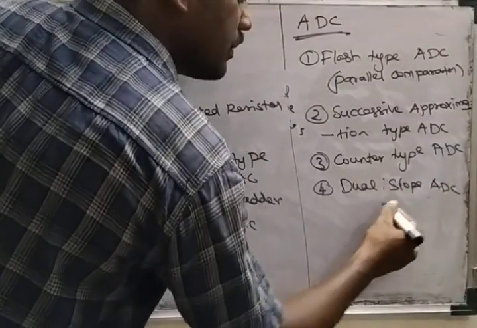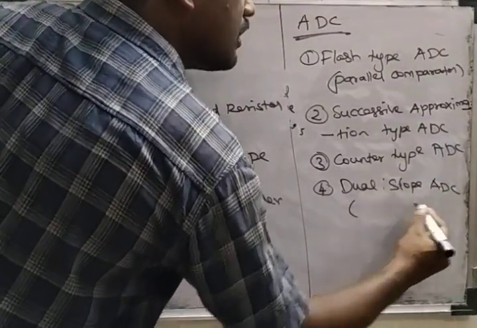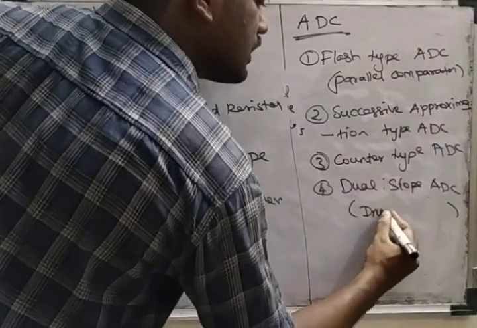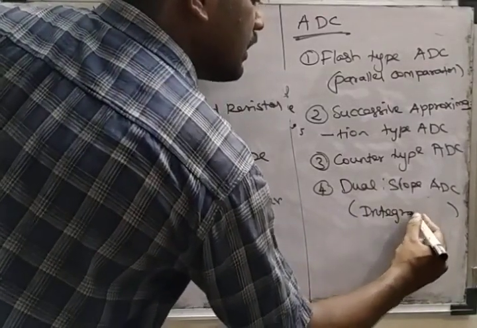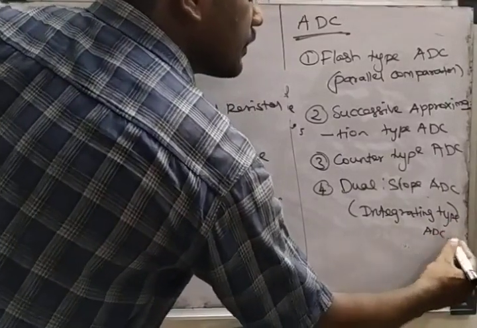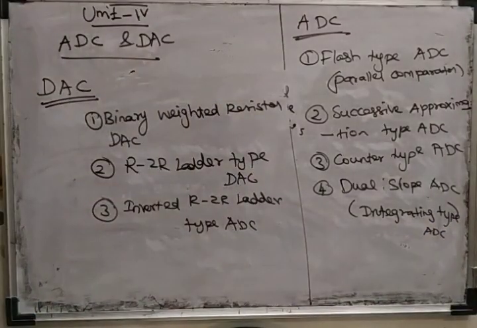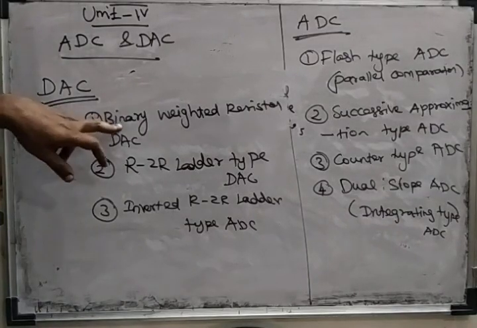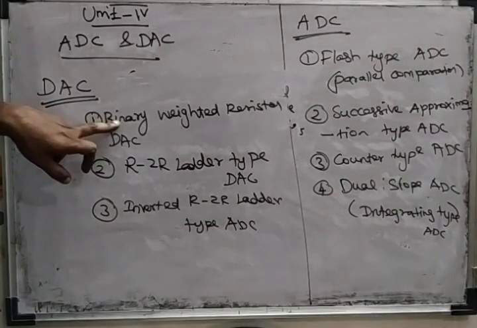This dual slope ADC is also called integrating type ADC. So these are the topics we are going to learn in Unit 4. So in today's class we are going to learn about the binary weighted resistor type DAC.